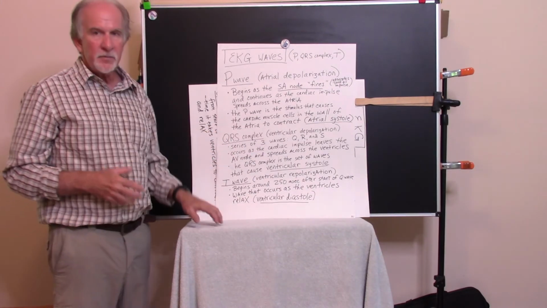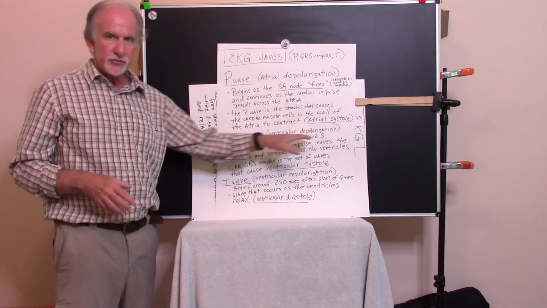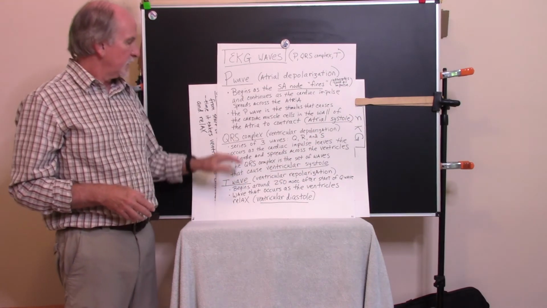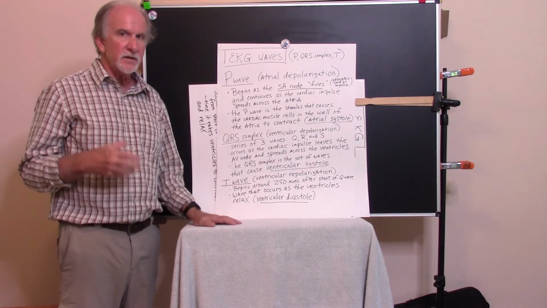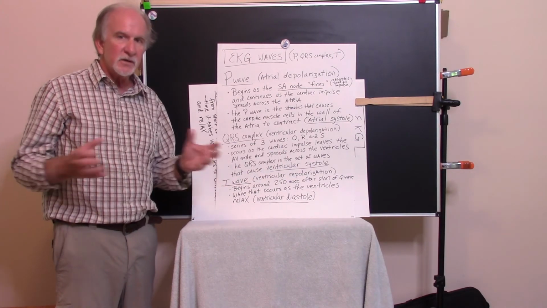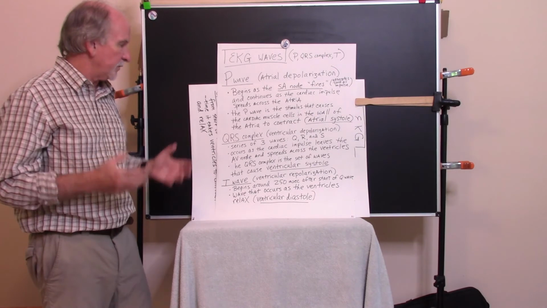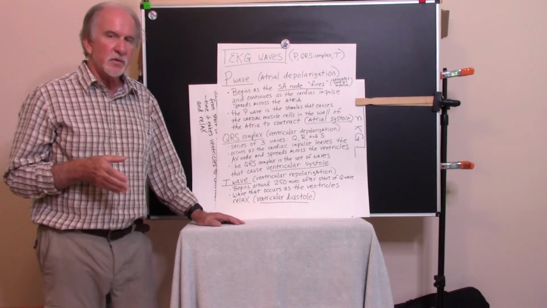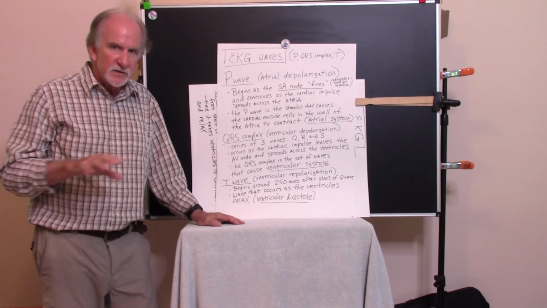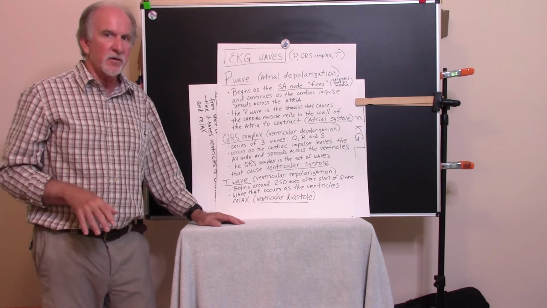The QRS complex is also known as ventricular depolarization. And the QRS complex is a series of 3 waves, the Q, R, and S, which are collectively referred to as the QRS complex. And the QRS complex occurs as the cardiac impulse leaves the AV node and spreads through the ventricular myocardium.